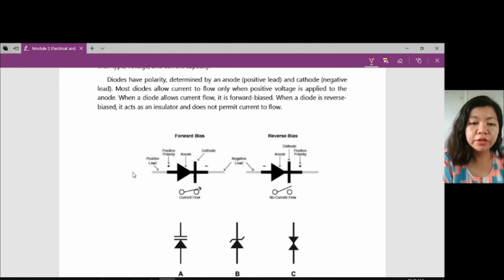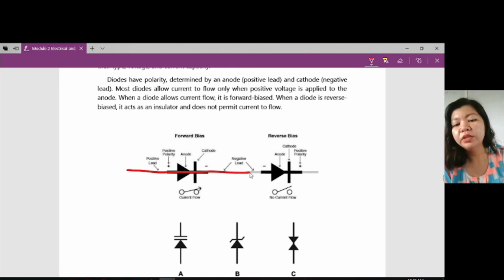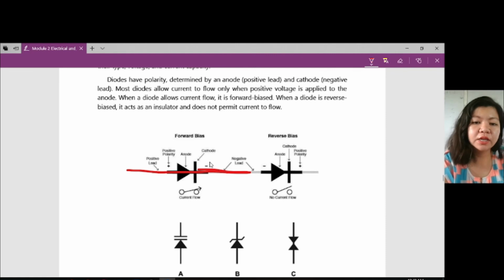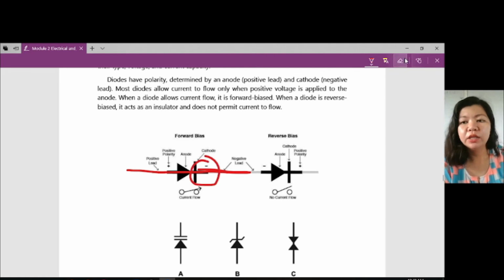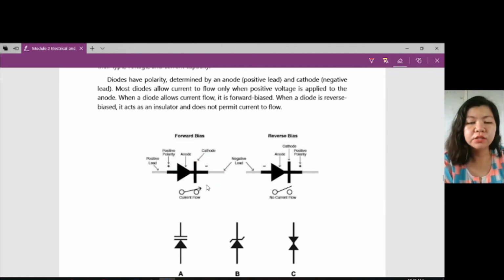The current will only flow if the polarity is positive. Now, kapag siya nag-pass through this, hindi na siya makakabalik kasi negative na yung ating polarity here. So, that is the concept of the diode. So, when a diode allows current flow, it is forward bias. So, forward bias ito.